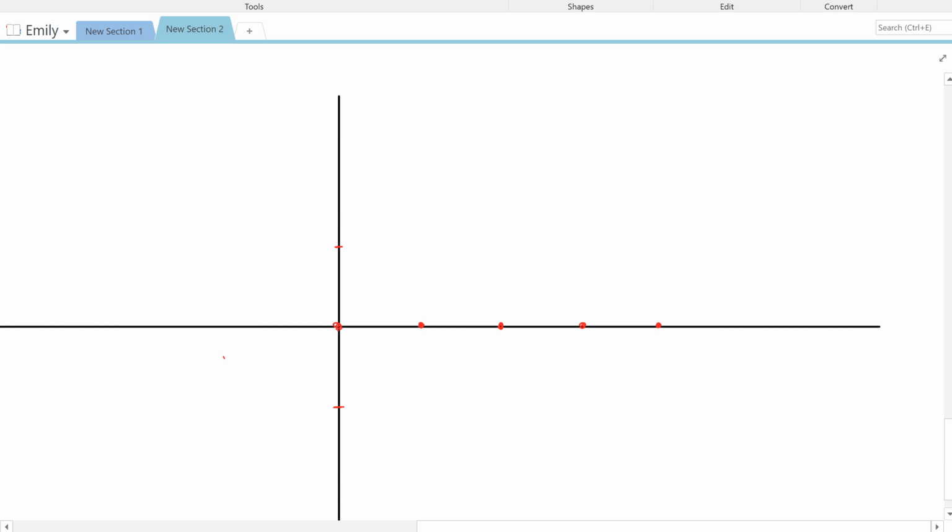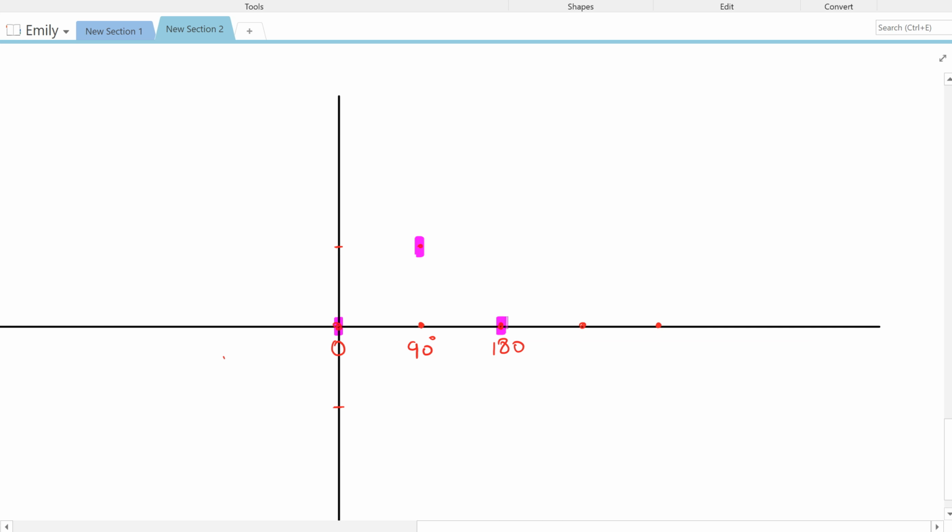Sine 0 is 0, sine 90 is 1, and sine 180 is going to be 0.